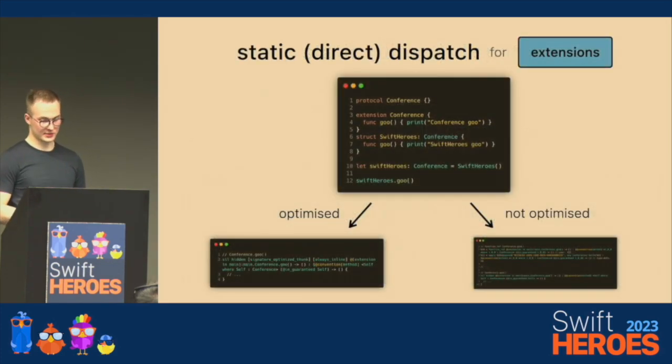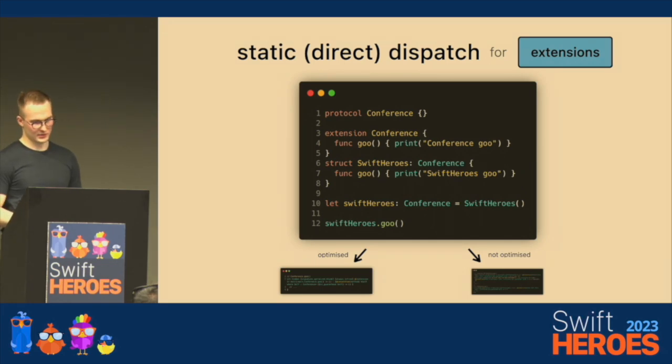And now let's talk about method dispatch for extensions. Every method declared inside an extension is dispatched statically in Swift, except for object subclasses, which use message dispatch, which will be discussed soon, but let's not dig into that. We'll base the analysis on this code.